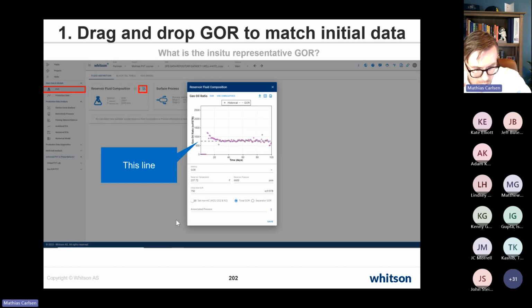So the first thing we're going to do, we're going to make it very simple. We're going to go to the well called Kite at the top, which is the first well, and we're going to click PVT.